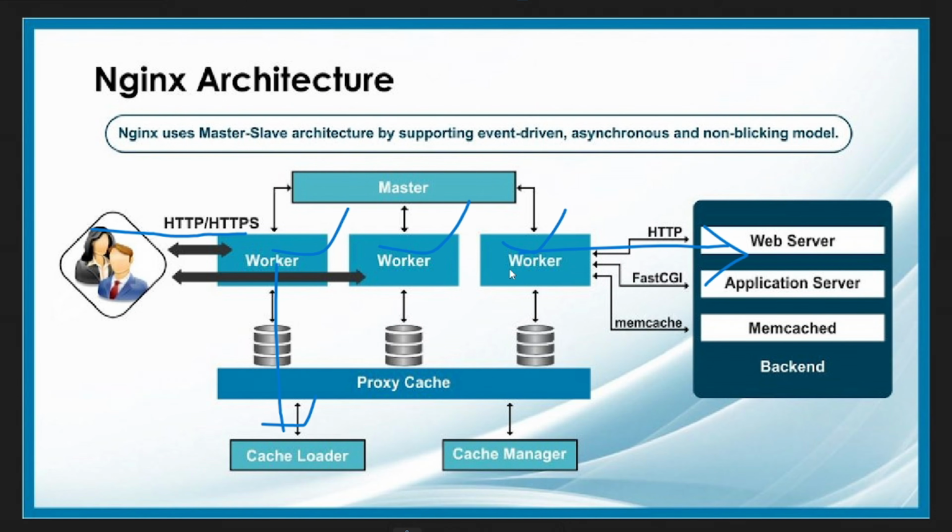These worker processes handle the actual client request, parse the request, access resources, and compose the response, whatever response is required by the client. Then they use caching or other modules to optimize performance as well. After processing the request, they respond back to the client.